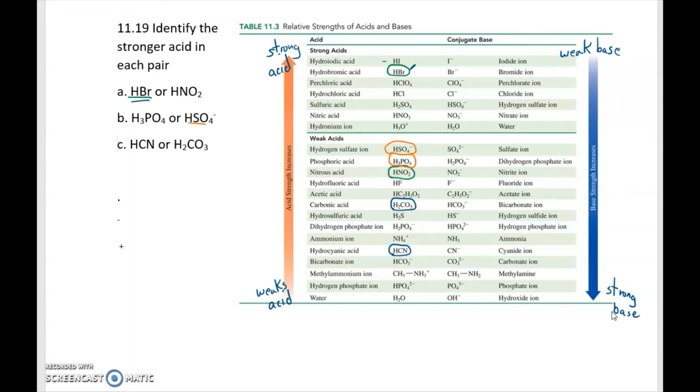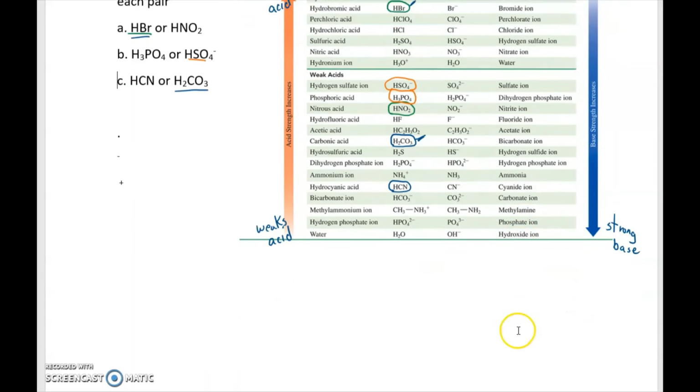And of these two, the phosphoric acid and the hydrogen sulfate ion, the hydrogen sulfate ion is higher on the table, and so it's a stronger acid. If we look at the hydrocyanic acid and the carbonic acid, both in blue, we'll see that the carbonic acid is higher on the list, and so we'd expect it to be the stronger acid.